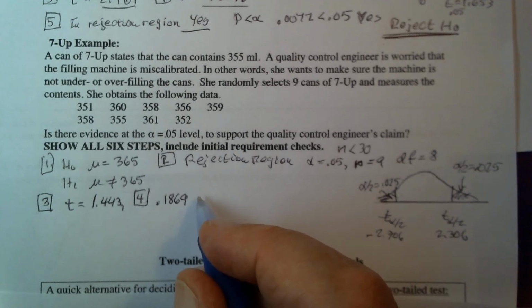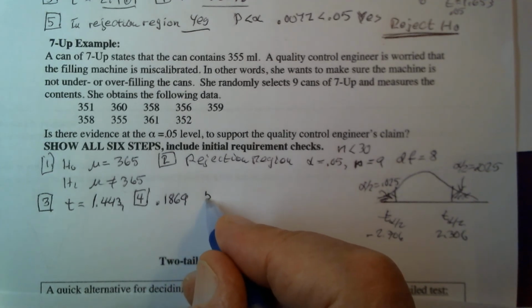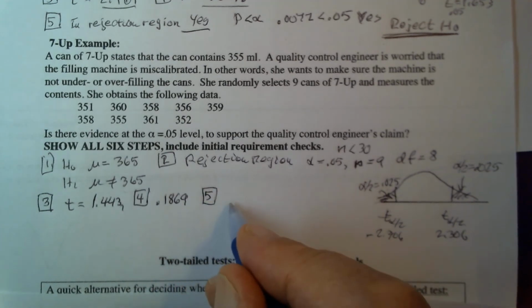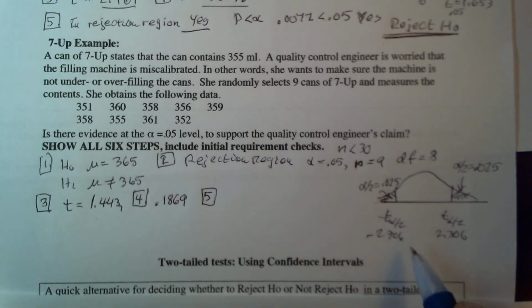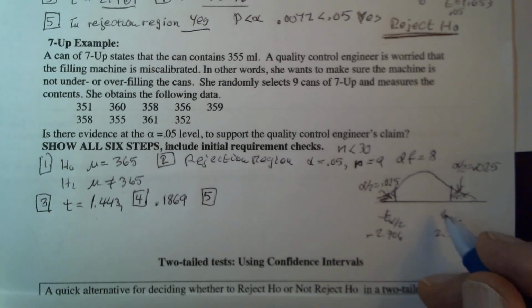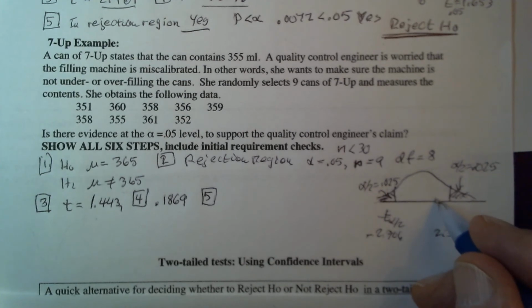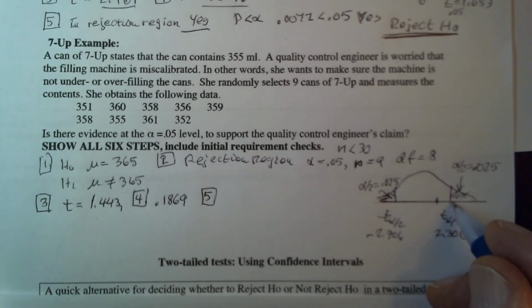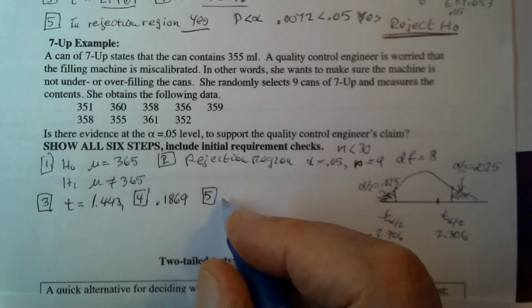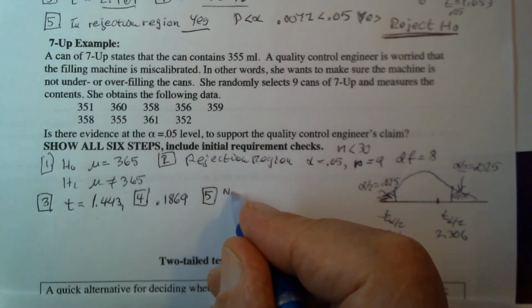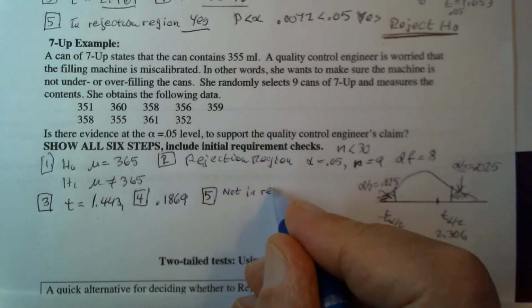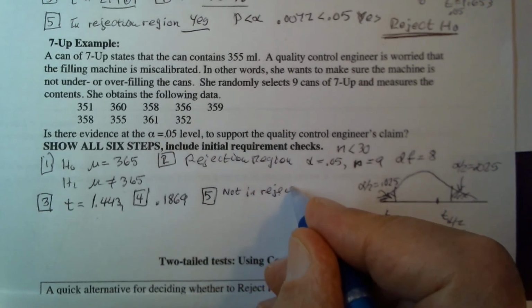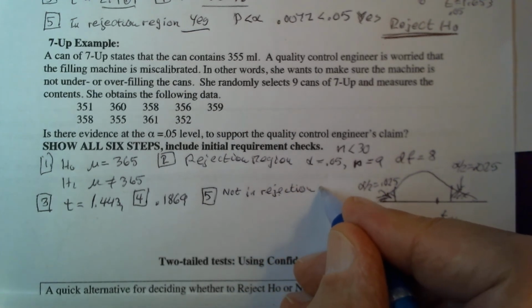Now when we decide, is the test statistic inside the rejection region? 1.443 would be about here if 2.306 is here. So the test statistic is not in the rejection region.